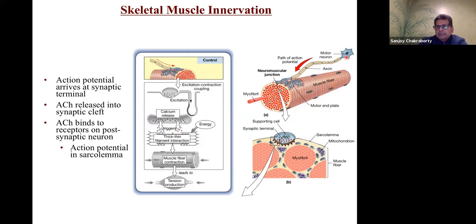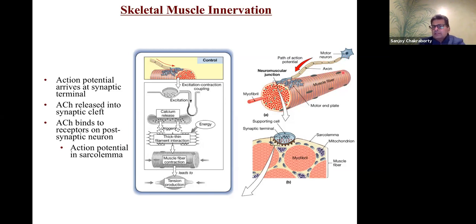The cell that sends the signal is known as a neuron. A neuron is a nerve cell which brings the signal from the central nervous system, which is composed of your brain and spinal cord. In the nervous system chapter, obviously, we're going to learn details about that. So this neuron cell sends a signal to the skeletal muscle.